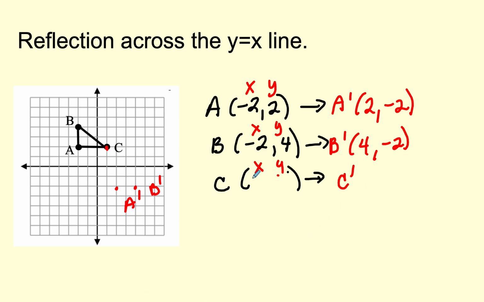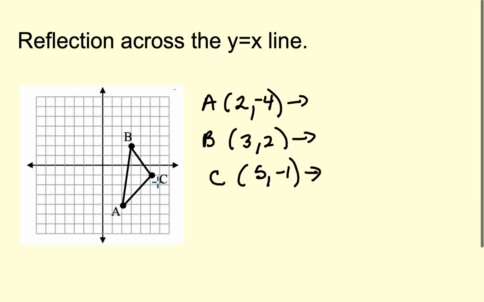C is supposed to be 1, 2, and when we exchange places, this will be 2, 1. So we're going to go over 2, up 1. Here we go. And so let's go ahead and draw the line, and hopefully you can see that this is a reflection across the y equal to x line.